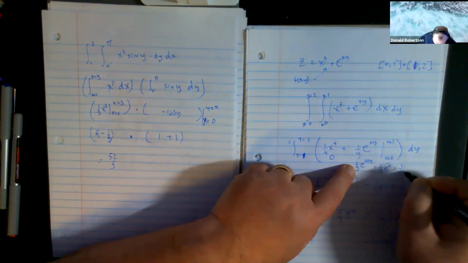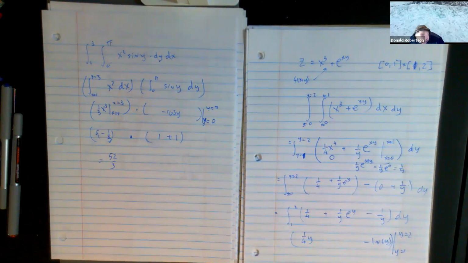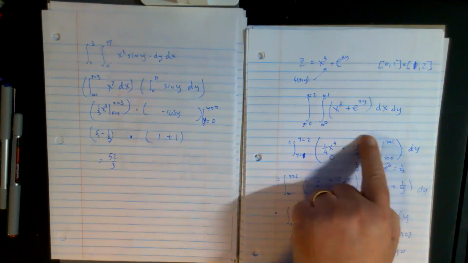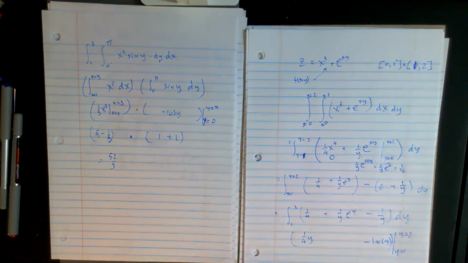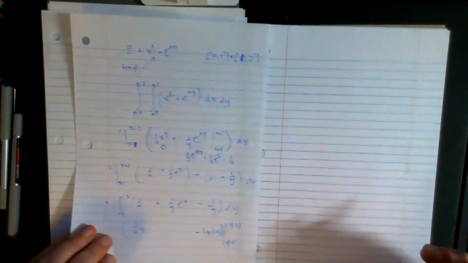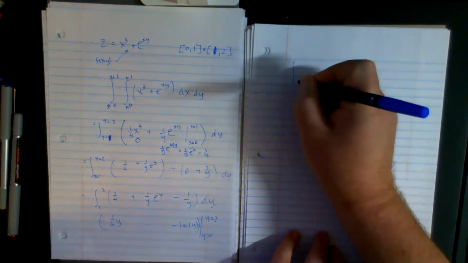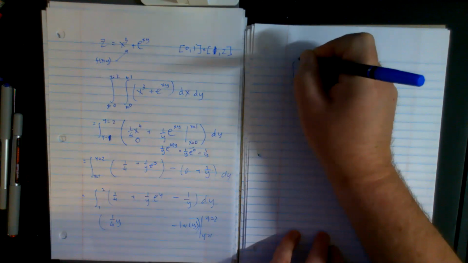E to the 0 is 1, so it's 1 over y. But how did you come up with 0 when you plug into this? I understand how you got 1/4 over 1 to the y e to the y, but you have minus 0 plus 1 over y.